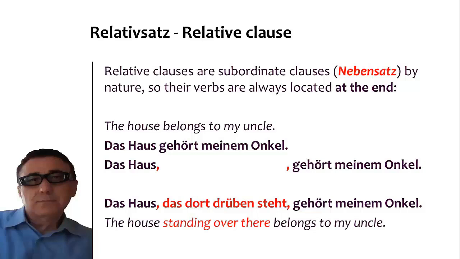Because of the rule, the verb in clauses goes to the end. Here, as you see, steht is located at the end of the red color part. Das Haus, das dort drüben steht, gehört meinem Onkel.